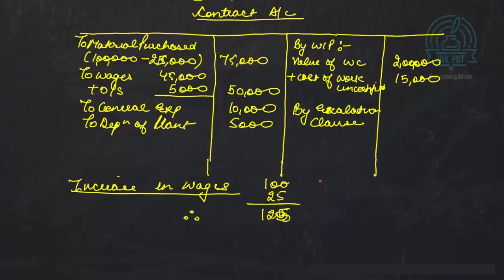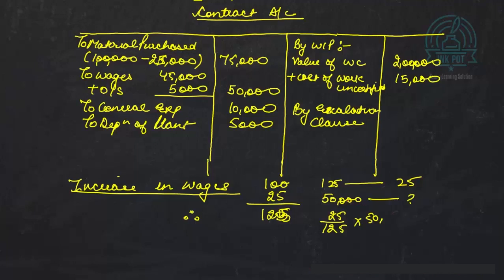If 125 are increased wages, out of that 25 is the increase. If the total wages are 50,000, how much is the increase? This is 25 upon 125 into 50,000.